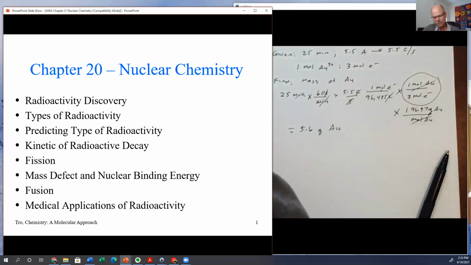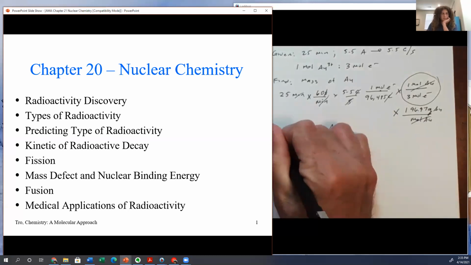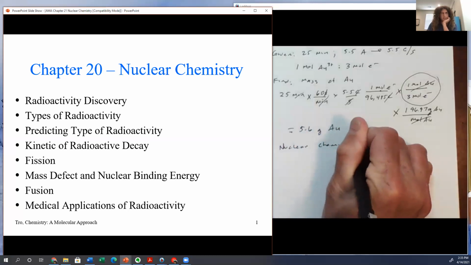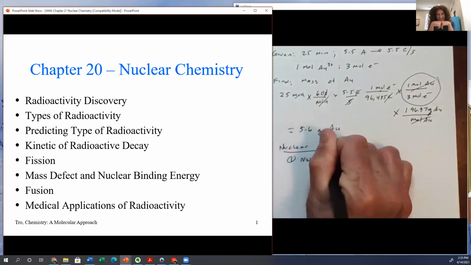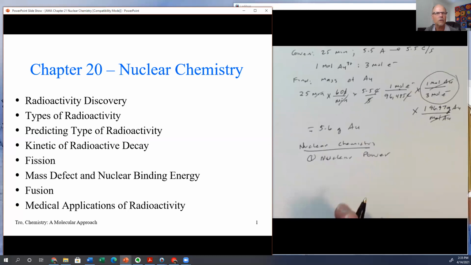Do you know of any? Nuclear power. Nuclear power, right? When they smash atoms together, I don't know what they call that. So nuclear power is an interesting application of nuclear chemistry.